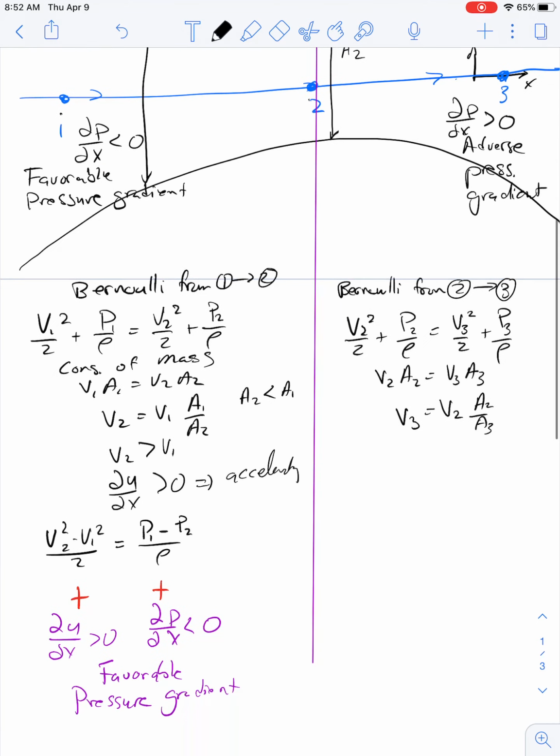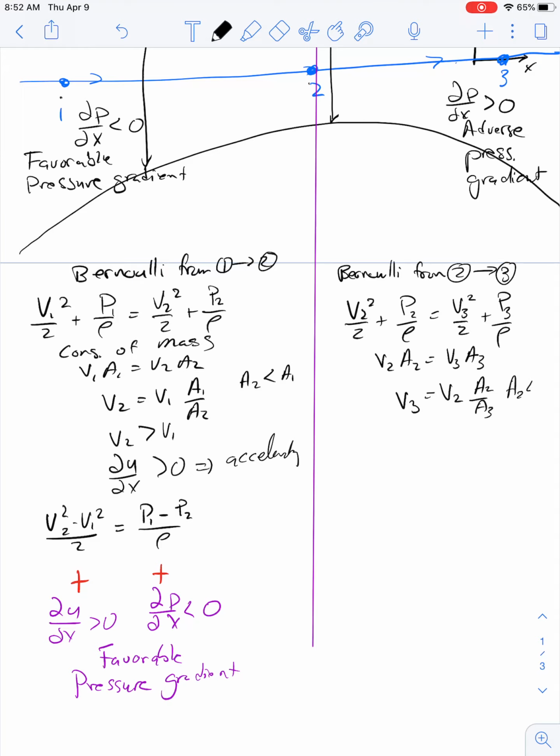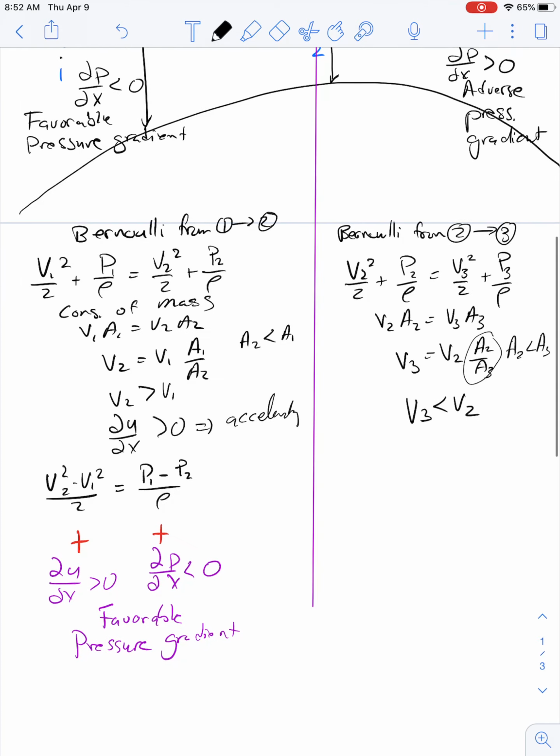The area 2 is less than the area 3, so A2 is less than A3. If A2 is less than A3, then this quantity here is less than 1. We multiply that by V2, and that means V3 must be less than V2. This is really just a Bernoulli review, but it's good to do.